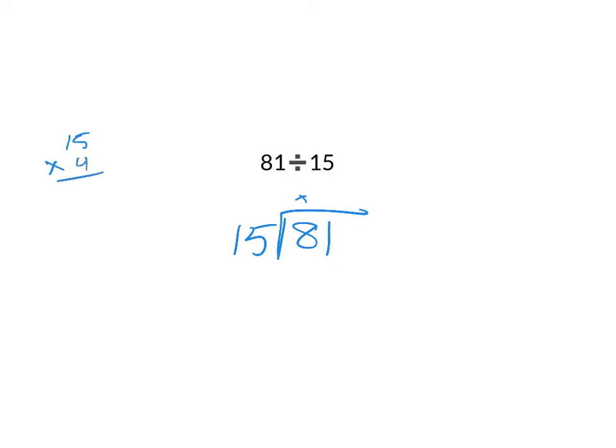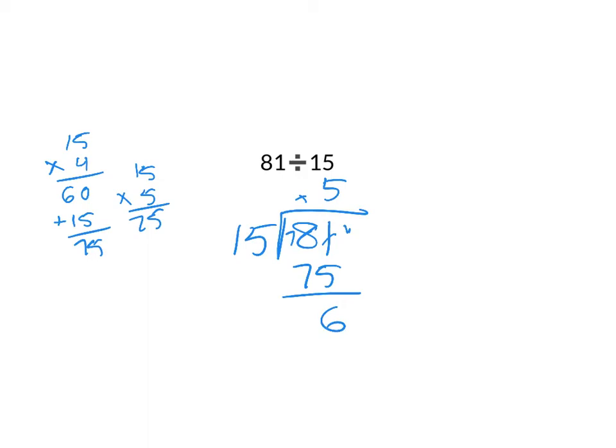I know 15 times 4 is 60, right? Add another 15, 75. So I can go 15 times 5 equals 75. So it goes in 5 times. And 81 minus 75 is 6. So I have a remainder. So we can write it like this. 5 remainder 6.